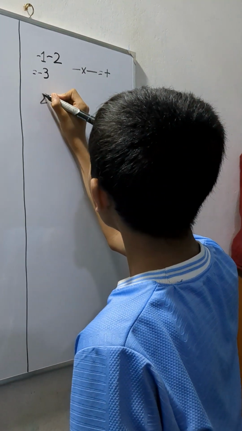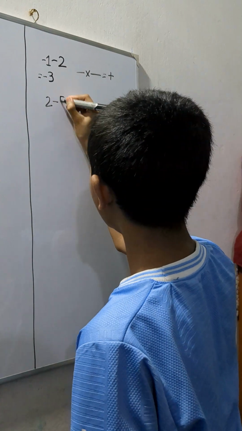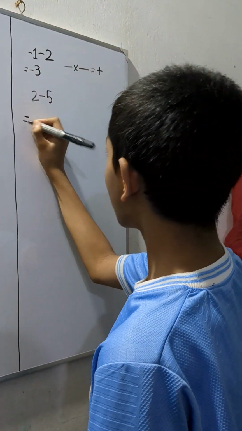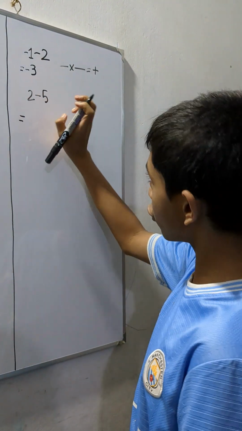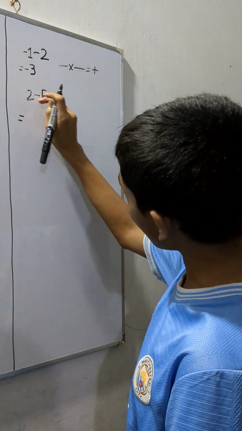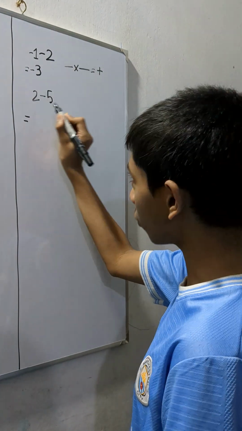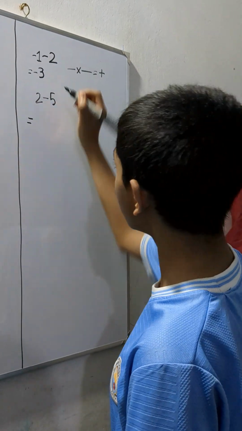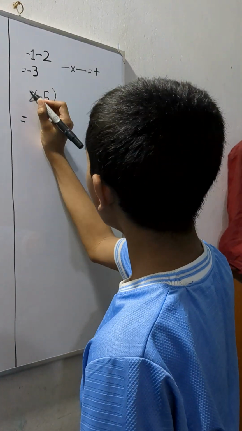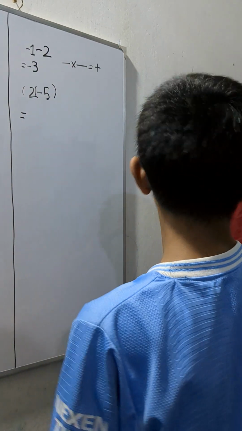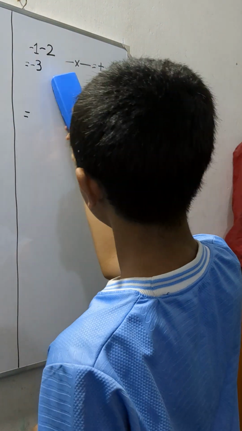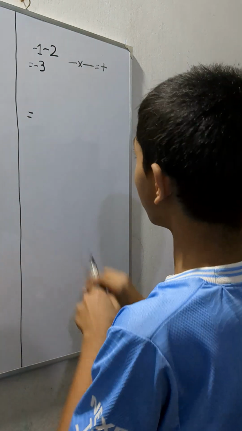2 minus 5. Here 5 is bigger than 2, and 5 consists of a minus sign, because before 5 here's a minus sign. Remember, this is one part and this is one part. Wait, I'm showing you.